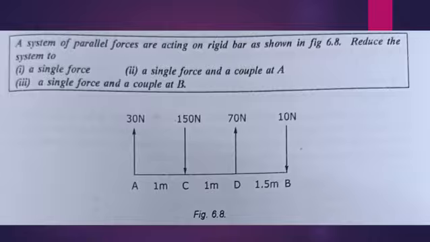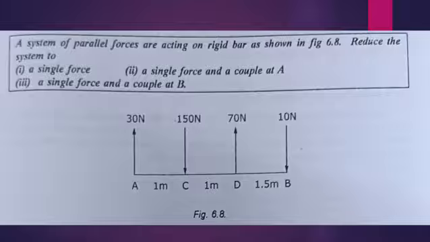Okay, the diagram is given. It indicates 4 point loads are acting. Among that, 2 point loads are acting downward and 2 point loads are acting upward. At C and B, the point loads are acting downward, and at A and D, the point loads are acting upward.